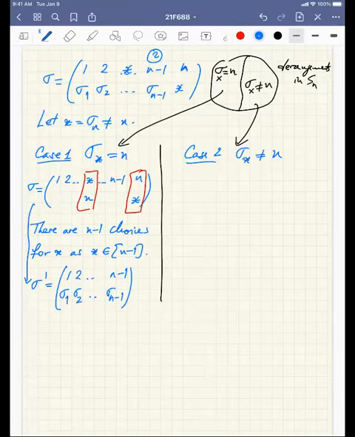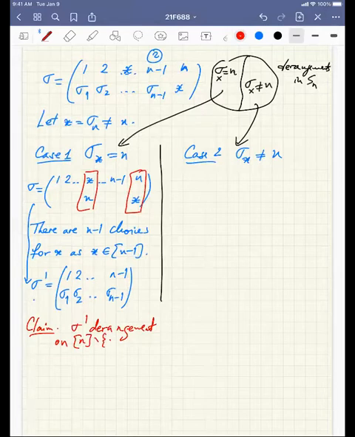What I want to say here is that this permutation, sigma prime, my claim, sigma prime is a derangement on a set with n minus 2 elements, which is the set n from which we remove x and n.